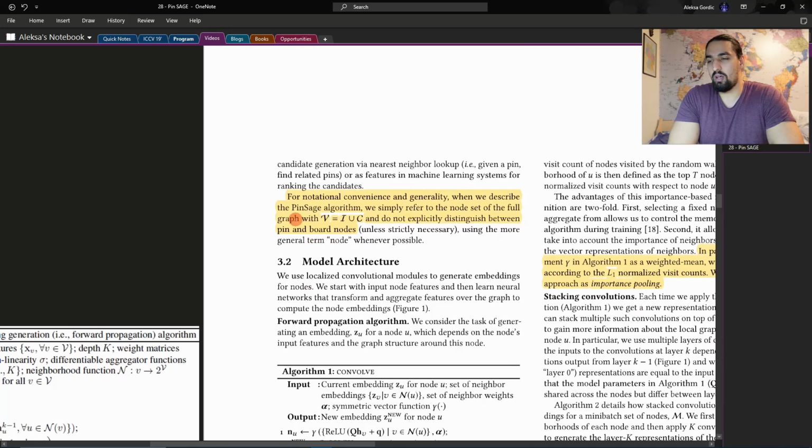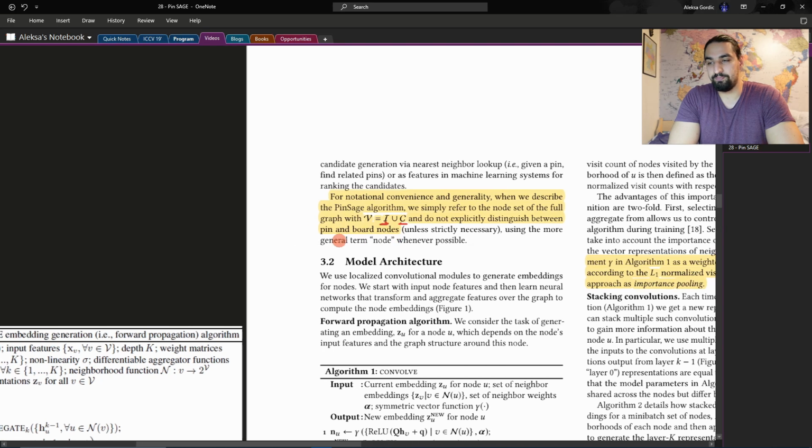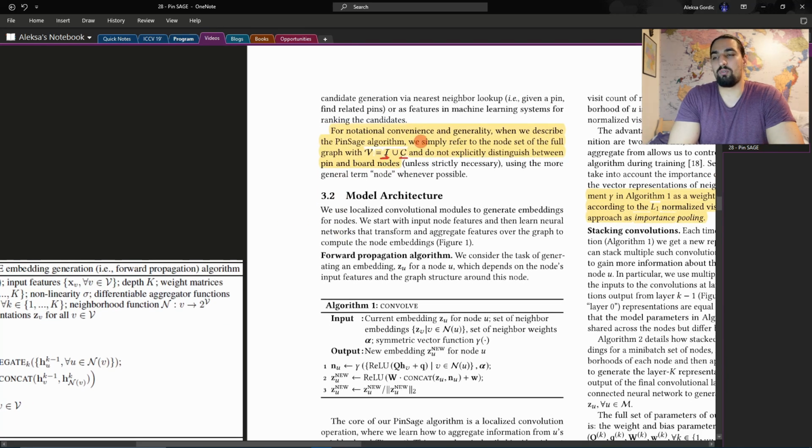By the way, they treat both the pins and the boards as the same nodes, even though only the pins have features. They say here, for notational convenience and generality, when we describe the PinSage algorithm, we simply refer to the node set of the full graph with V. So it's a union between items and collections, and they do not explicitly distinguish between pin and board nodes.